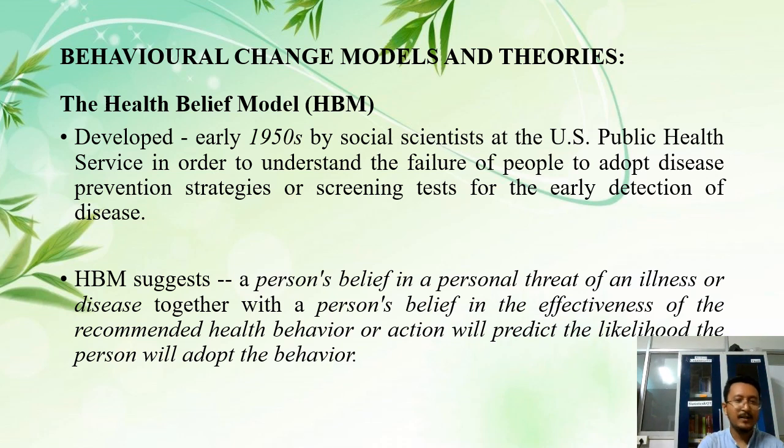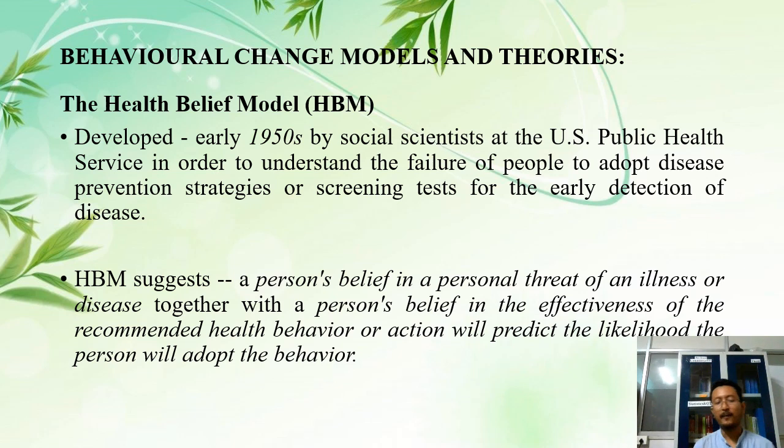So this model was derived as a result of that experiment, right? What it found is that a person's belief in a personal threat of an illness or a disease, together with a person's belief in the effectiveness of the recommended health behavior or action, will predict the likelihood that the person will adopt the behavior, right?